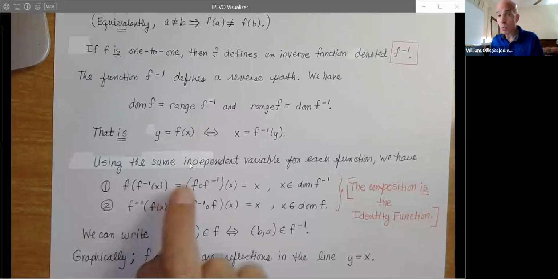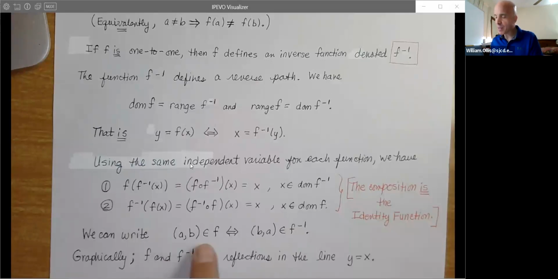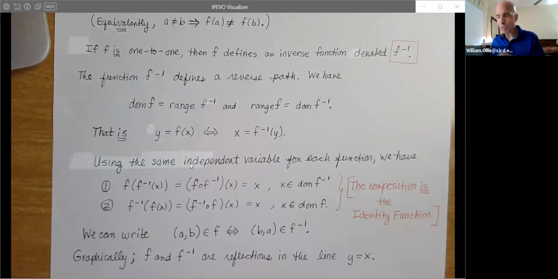So that's one reason why we want to do this when we're graphing. You can't have different independent variables and just ignore that when you work with inverse functions. So we're flipping things around so that we can graph both of the functions on the same set of axes, and then this reflection property actually comes to fruition.